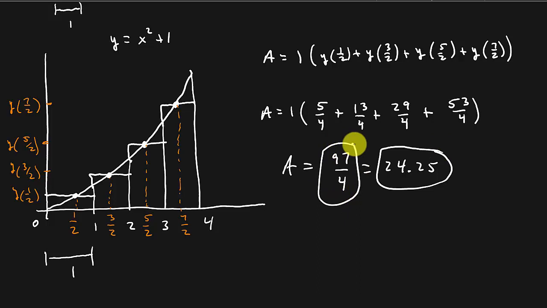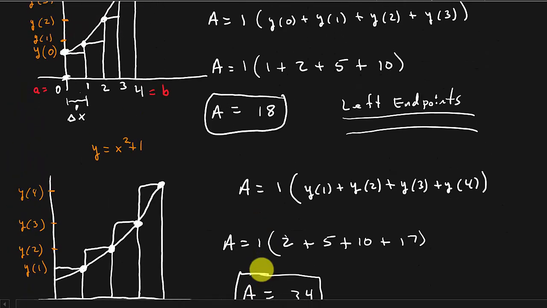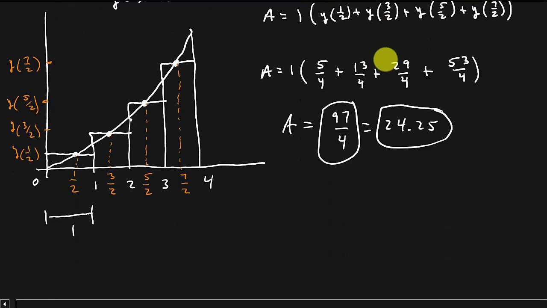So, which one is correct? Well, they're all correct, and I don't think any of them is going to actually give you the exact area. Okay, I know the left and right endpoints, they're going to be way off.